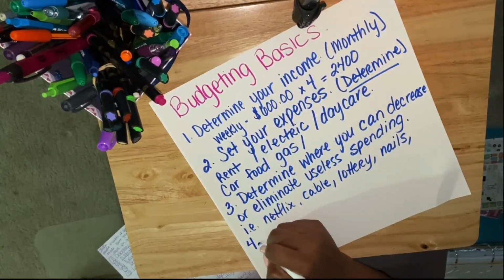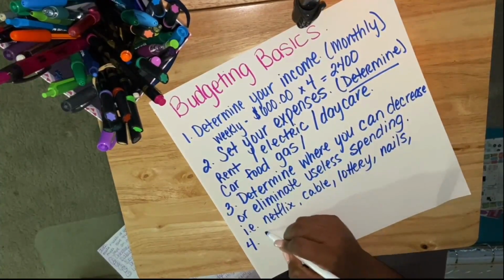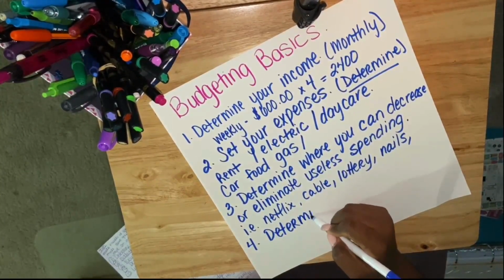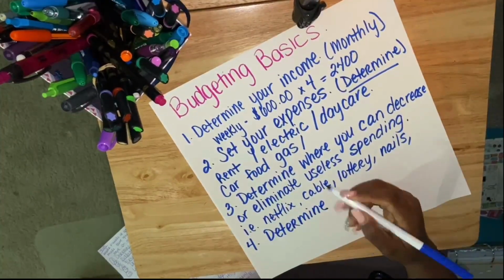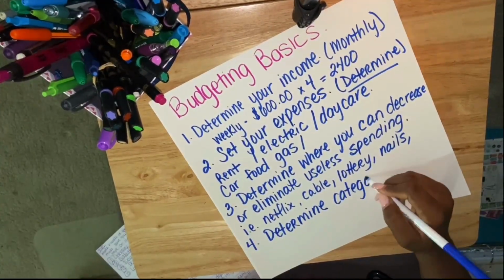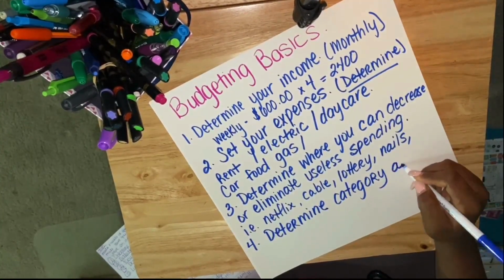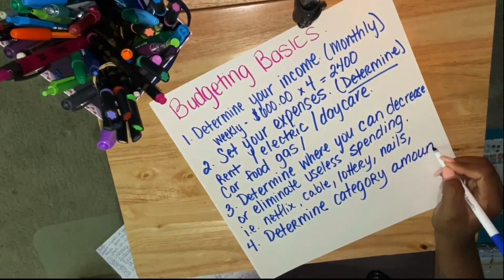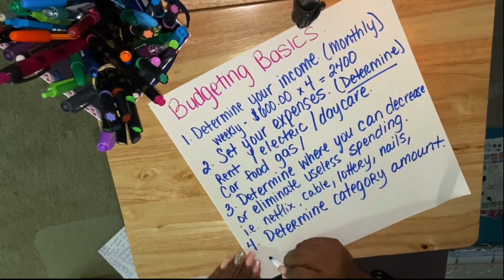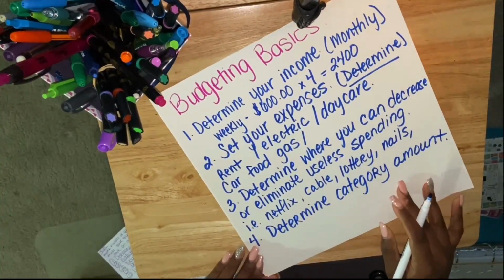Step 4 will be to determine category amounts. What do you mean categories? So when we say category amounts, we're talking about things that are not always the same.